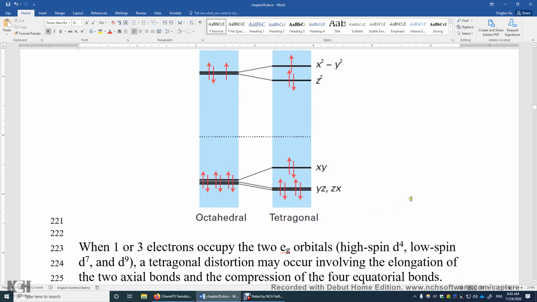All right. So there's still gonna be Jahn-Teller effect if you have the high spin case, but because this splitting is much smaller, the Jahn-Teller effect is much smaller.